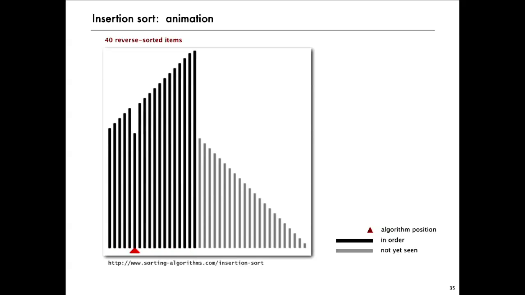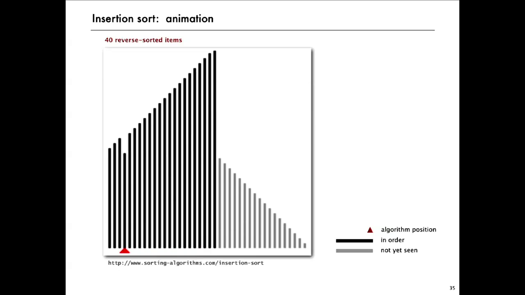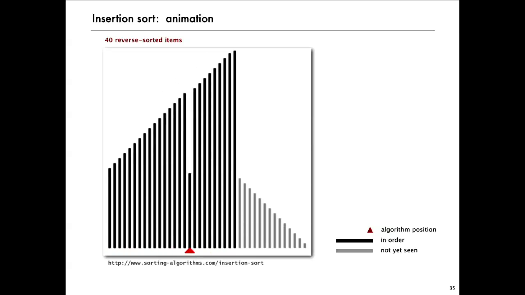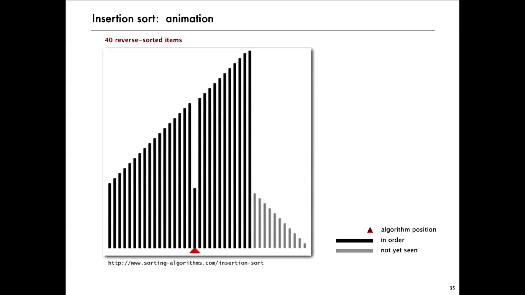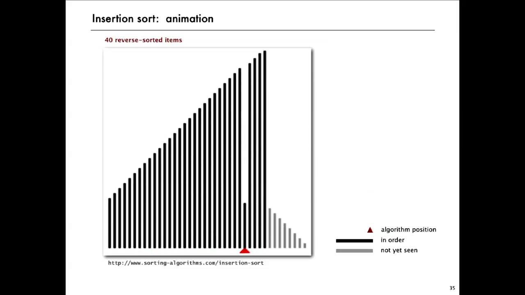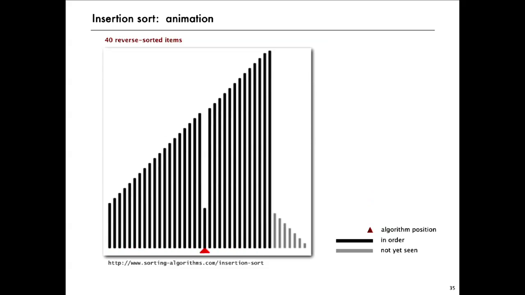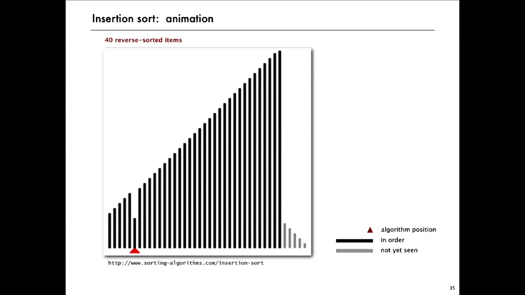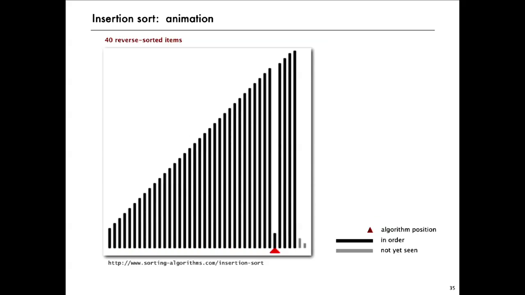Now, every time it gets a new item, it has to exchange it all the way back to the beginning. Same kind of dynamic characteristic as selection sort, except for every step, it's not just comparing, it's also exchanging, which makes it even slower in practice.